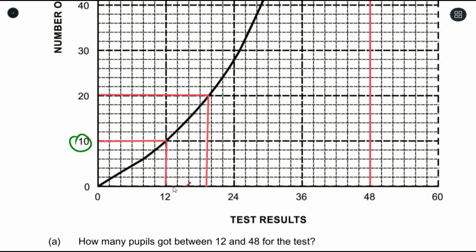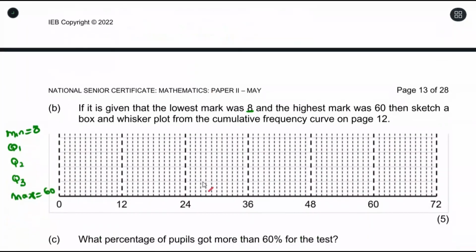These lines are in 2s: 12, 14, 16, 18. So it's between 18 and 20, and I can call it 19. So my Q1 is 19.